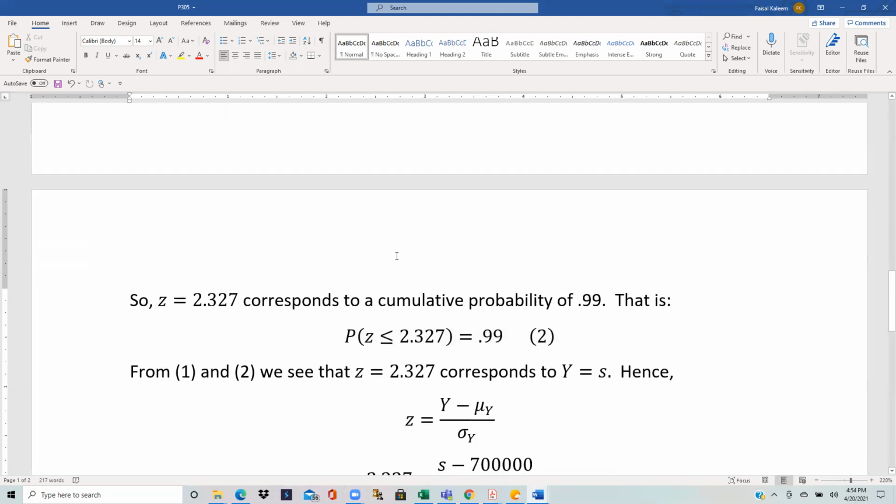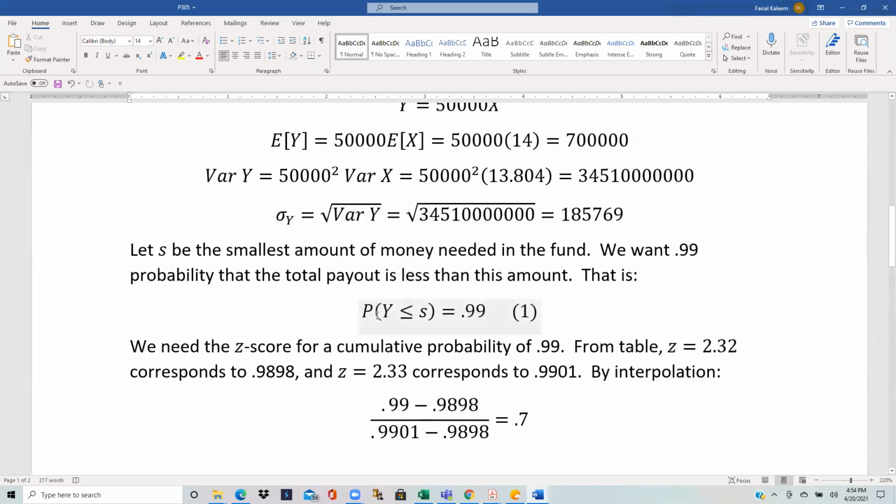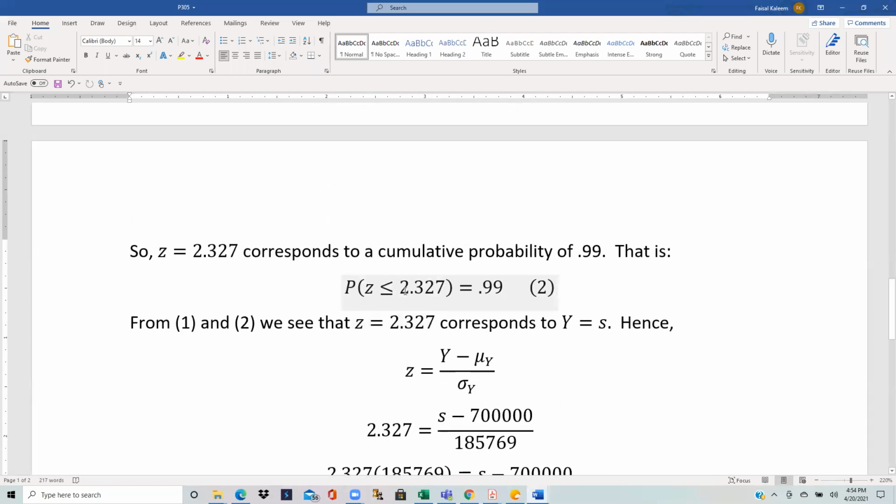So that means now if you look at this equation, probability z is less than or equal to 2.327 is 0.99, and then you look at the first equation, the probability Y is less than or equal to s is 0.99. So it means that in the z-score formula, this s corresponds to 2.327.